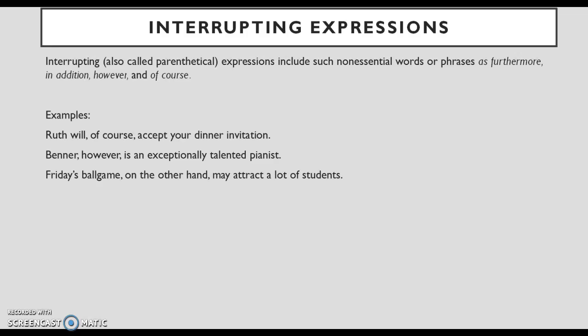The of course is interrupting, and so you need commas around it. Benner, however, is an exceptionally talented pianist. If you take out the word however, it still makes sense. So therefore, you need commas around the however. Friday's ball game, on the other hand, may attract a lot of students. If you take out on the other hand, it still makes a sentence.